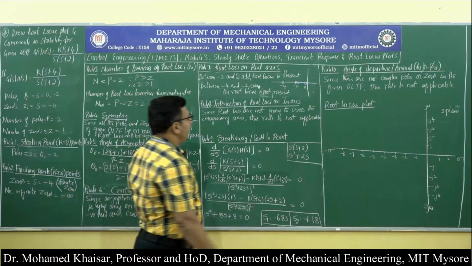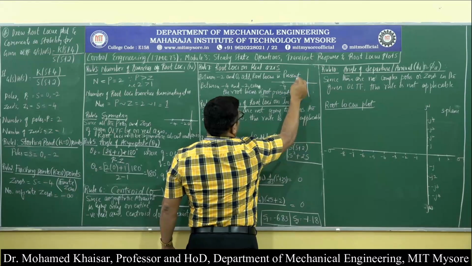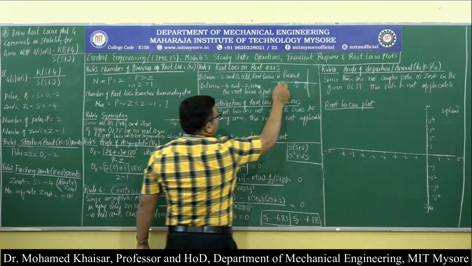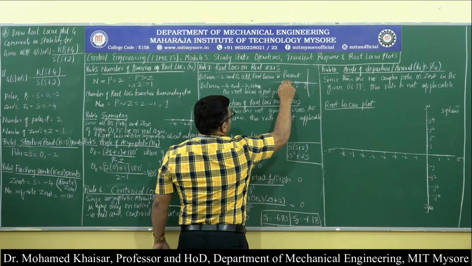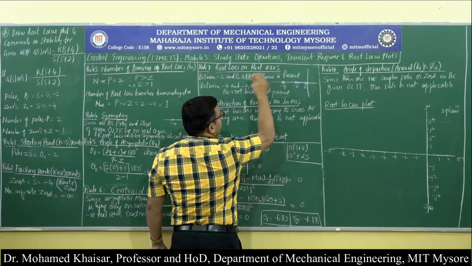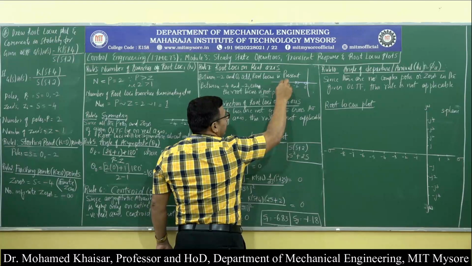So, breakaway point exists, and then between -4 and -2, since the count is even, root locus does not exist. But still this is a 0, and here on this side the root locus is not present. That means to say on the other side the root locus is present. Why? Because this is to be the terminating point.